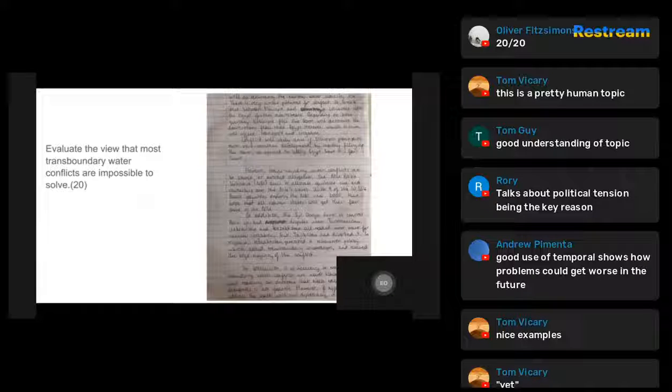Are they saying, okay, actually they are solvable, or no, they're not solvable, and then qualifying it with an example? So in terms of the structure of the answer as it's going along, this is a very strong answer all the way through, and probably would be in the top band category for top marks, so 16 to 20 for sure. And there's no reason why you can't do the same.